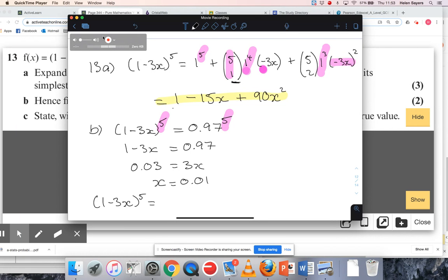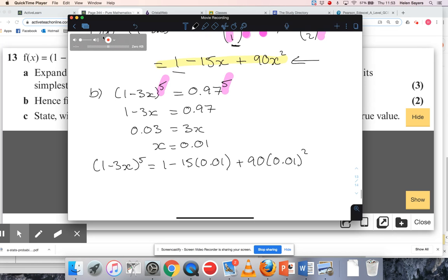So it is 1 minus 15 times 0.01, plus 90 times 0.01 squared. I'm just substituting 0.01 into that, and that is something I could work out without a calculator. I'm not going to because I've got a calculator, but that's why we have this as a method.